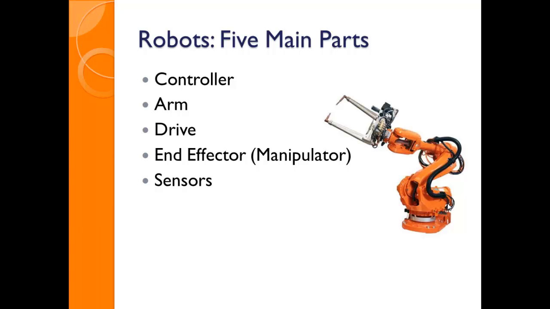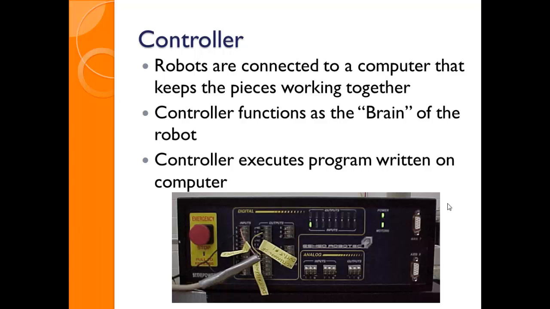So they have 5 main parts: a controller, an arm, a drive, an end effector or a manipulator, depending on what you need, and sensors. There are both internal and external sensors on a robot. Internal are used to control the position and the location of a robot. Right, this is a photo of a controller. You can see that it has an e-stop, it has a place to make connections.